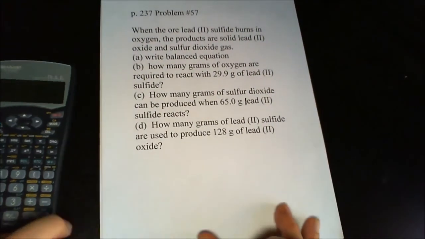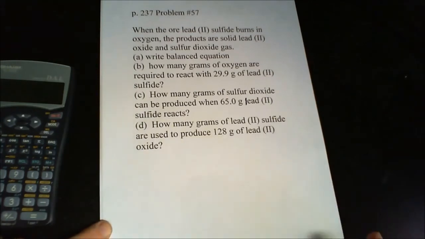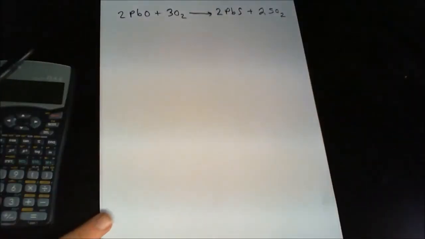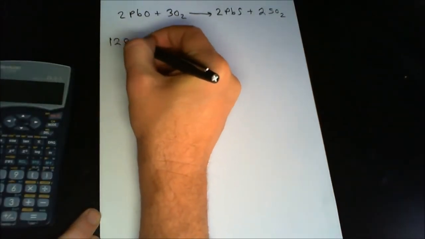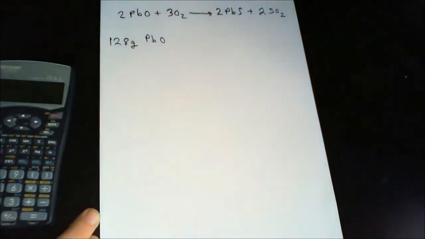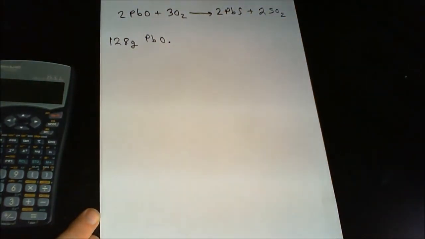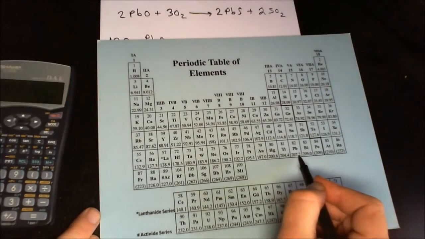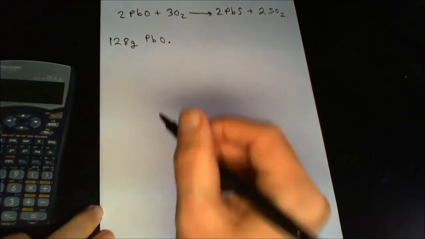Finally, we have part D. How many grams of lead-2 sulfide are used to produce 128 grams of lead-2 oxide? And so we have 128 grams lead oxide. That's what we produced, and we need to know the molecular weight for the lead oxide first, and it is 207 plus 16, which would be 223.2.